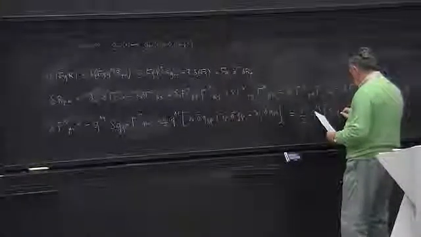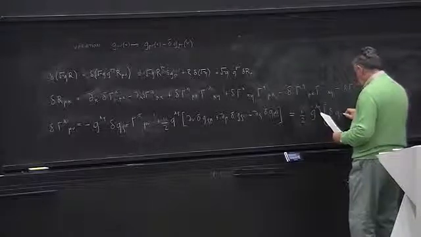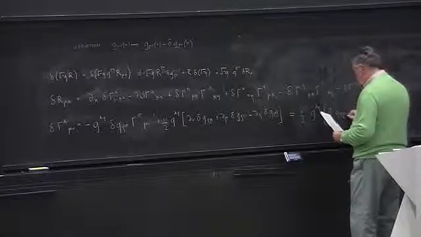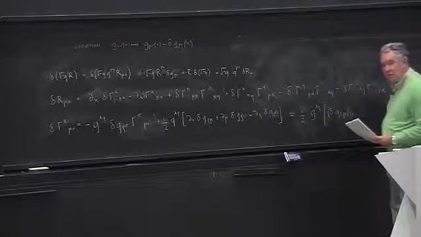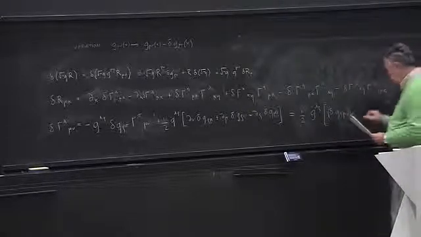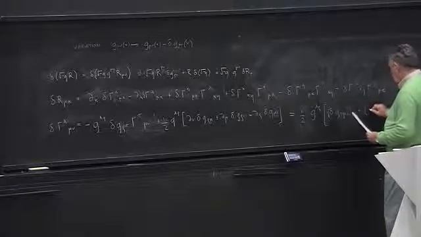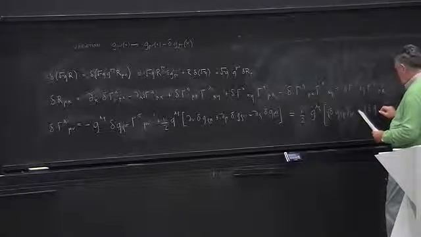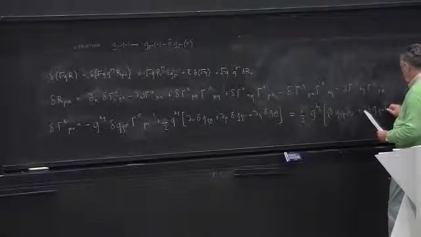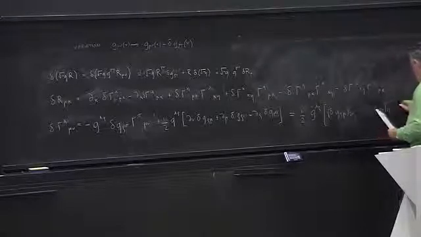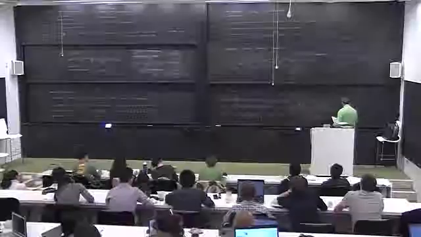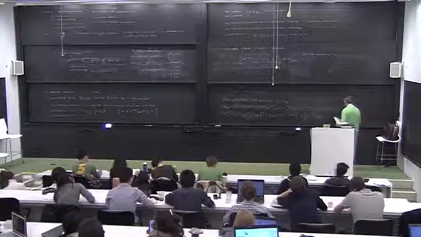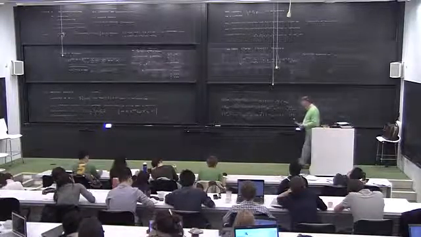And it involves the covariant derivatives of delta G. And once again, the covariant derivative of G is 0, but the covariant derivative of delta G is not. So delta gamma is a tensor.